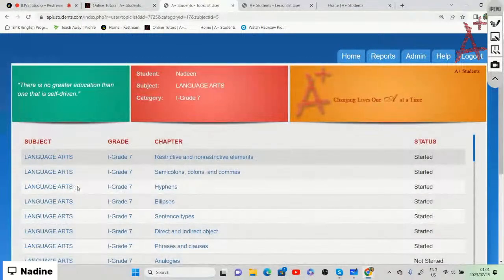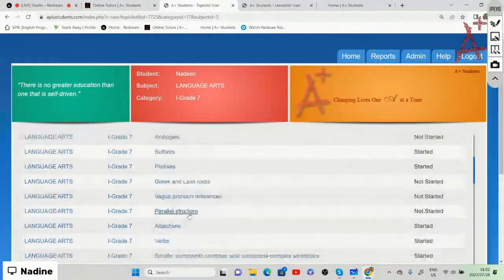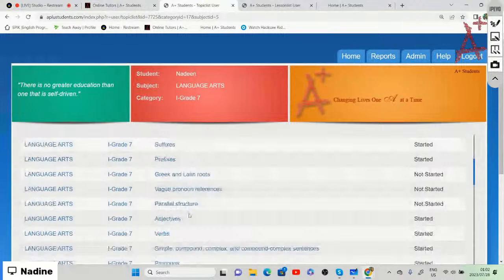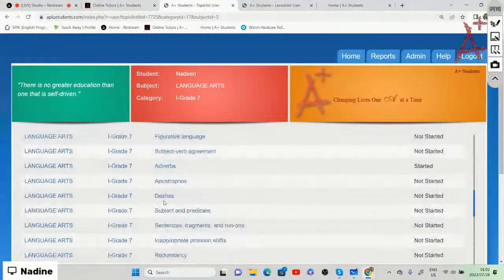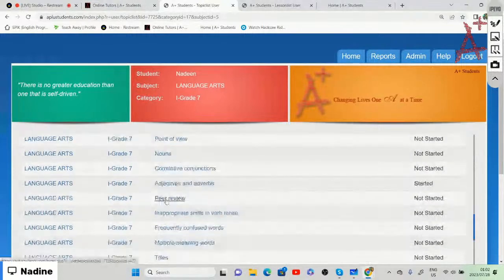All right, so in grade 7, you're going to scroll down until you get to the chapter of adjectives and adverbs. So let's find adjectives and adverbs. There you go.